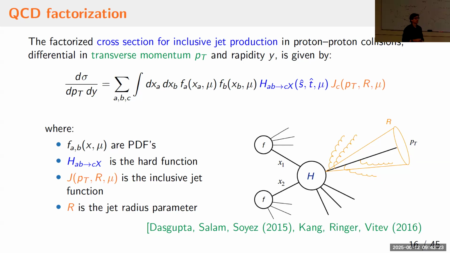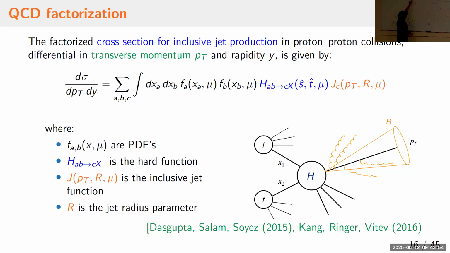Isn't R also a kind of factorization scale for the jet? It's not a factorization scale, it's an actual measurement, it's a scale. But you're right, here is what's happening. You have two scales in the problem, right? You have the jet pT, let's call it Q, which is pT.